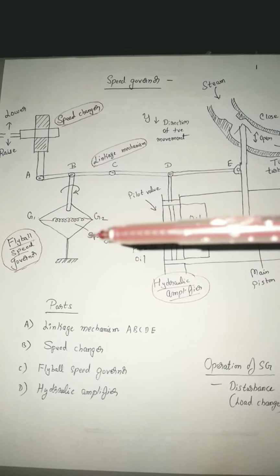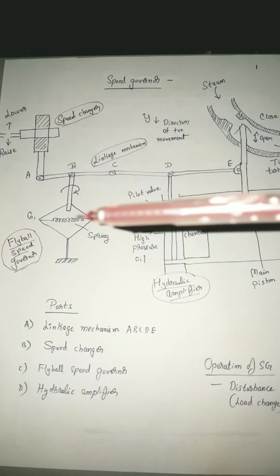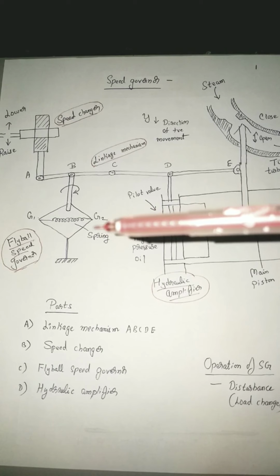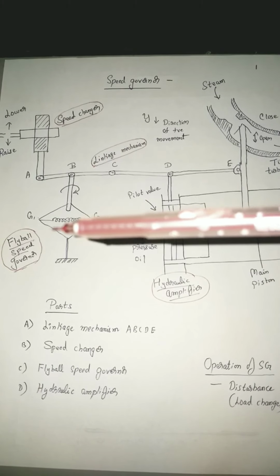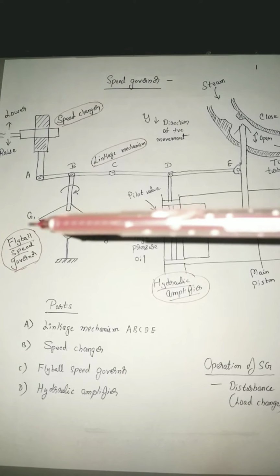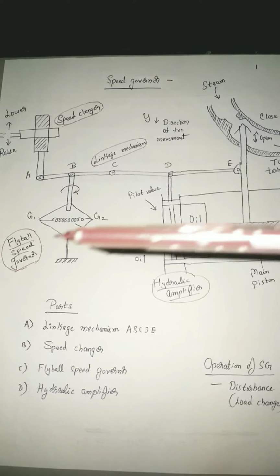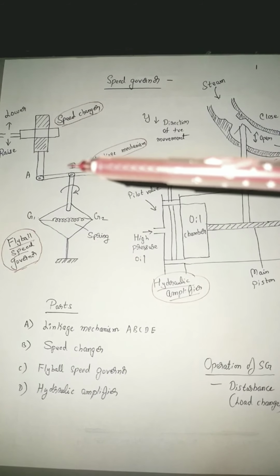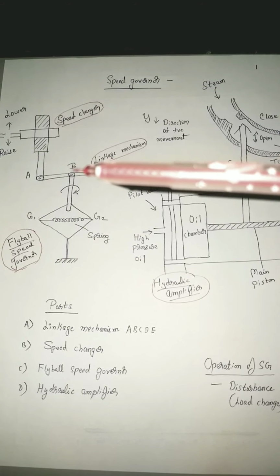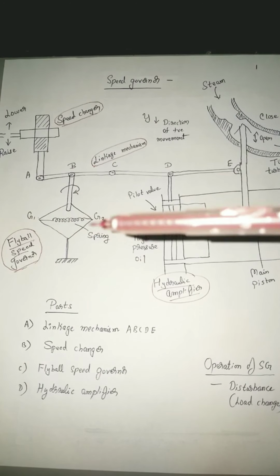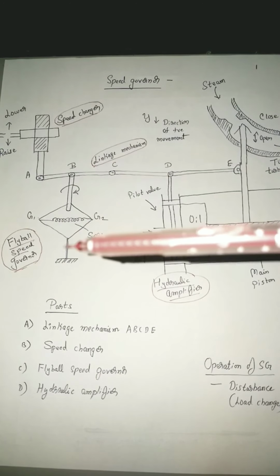Here you have a spring in between G1 and G2. Here the sensing mechanism goes this way. Whenever there is an increase in the speed of the machine, the spring elongates, that is G1 and G2 move outwards, that is the spring expands, and consequently the linkage mechanism B will be brought downwards. Since the spring expands, obviously B will move downwards.